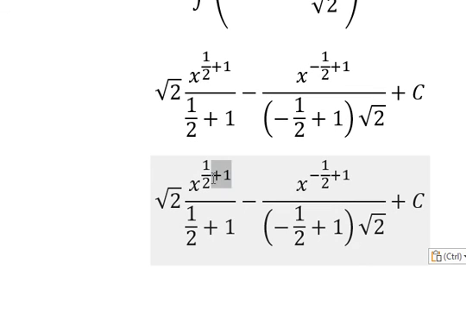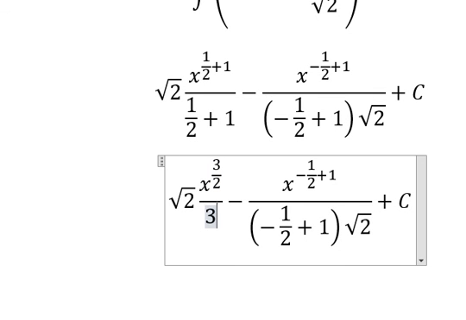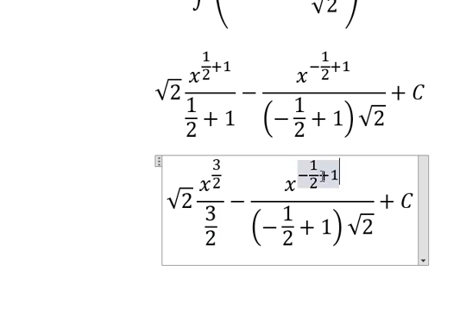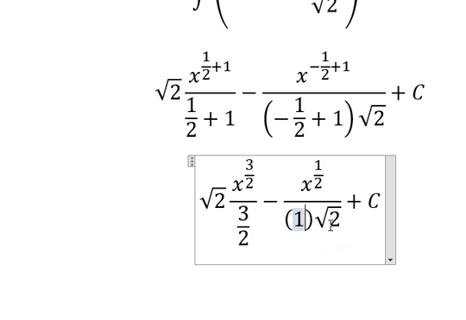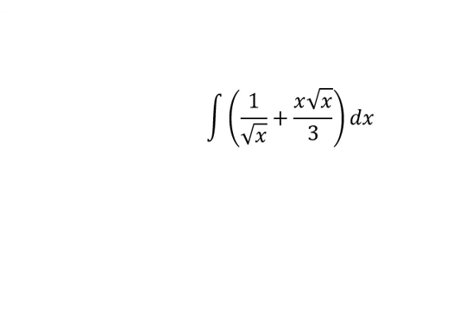This one we have 3 over 2. This one we have 1 over 2. And that is the final answer.